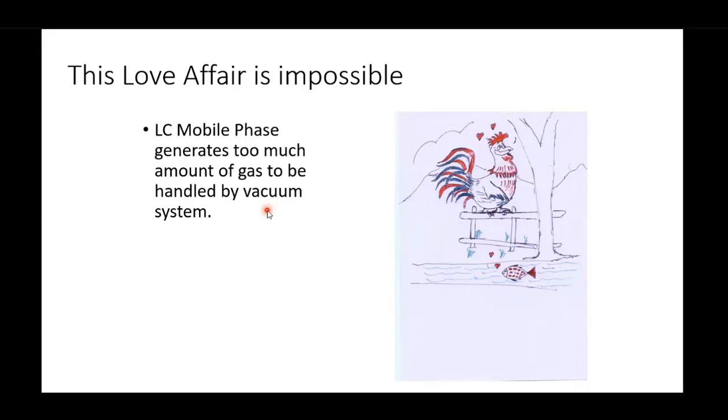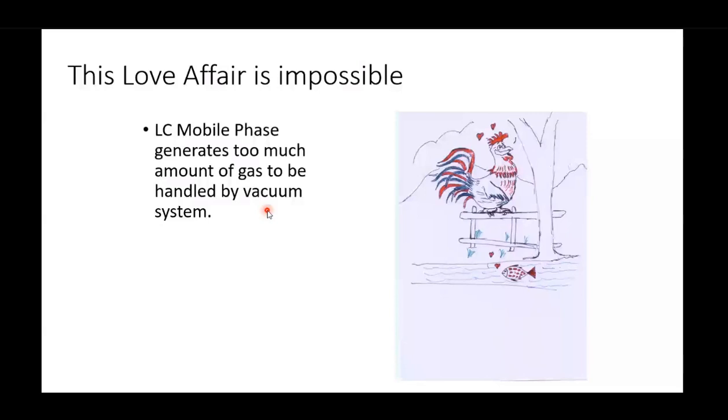Now, if you convert 1 ml of a liquid into vapor phase, it would generate too much gas. Let me work out a very quick calculation. Let us assume that we are using an entire aqueous mobile phase, 1 ml of water.